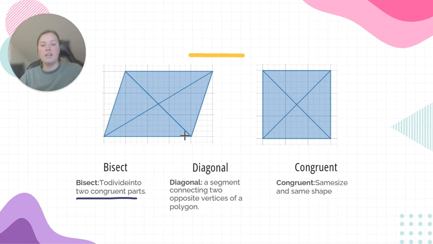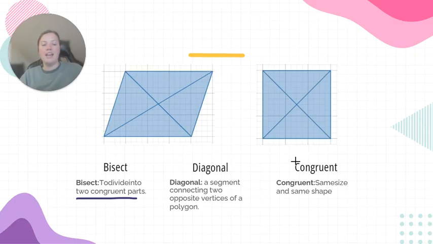We're going to be talking about bisecting diagonals. So a diagonal is basically a line that goes from one vertex to an opposite vertex. Okay, so we're going to be talking about how these lines bisect each other, or whether or not, I guess, these line segments bisect each other in the lesson.